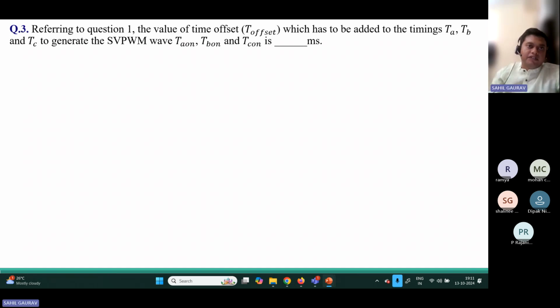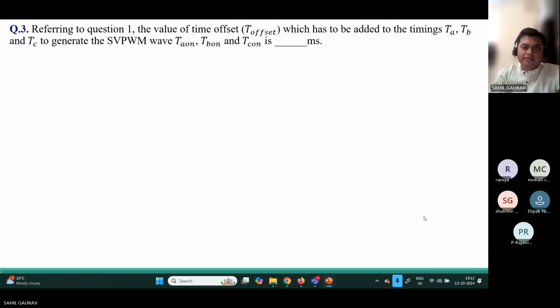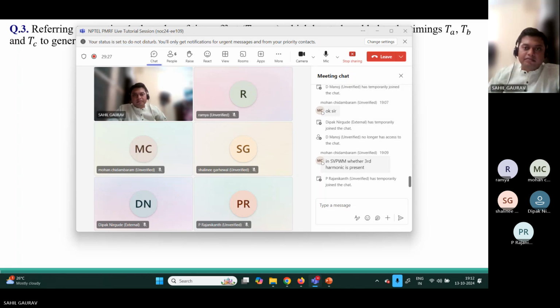Now coming to the next problem, referring to the previous problem, the value of time offset which has to be added to the timings TA, TB, and TC to generate the SVPWM, where third harmonic is present.